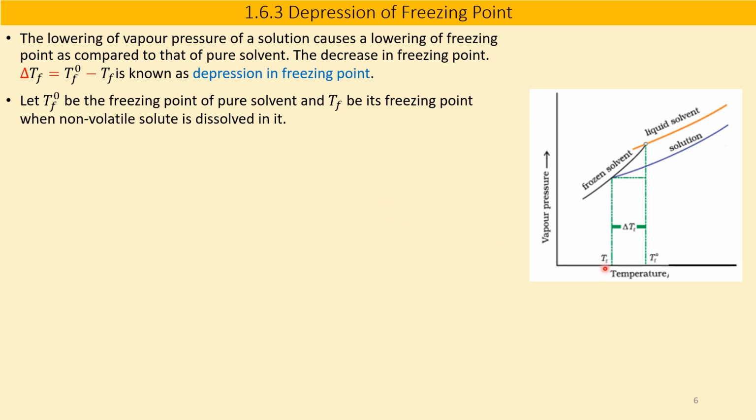Let Tf naught be the freezing point of pure solvent and Tf be the freezing point when non-volatile solute is dissolved in it. See here, the original freezing point was Tf naught of the pure liquid solvent, and after it is dissolved in a solution, the freezing point has fallen to Tf.